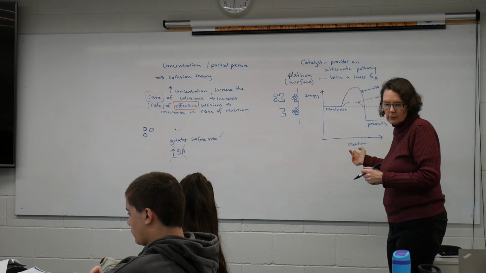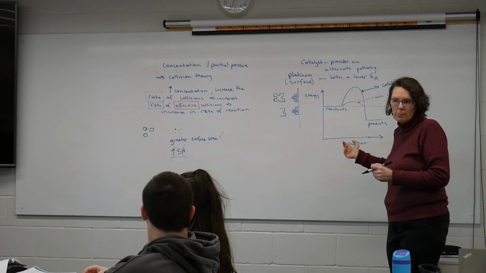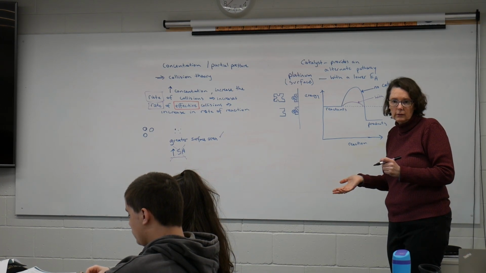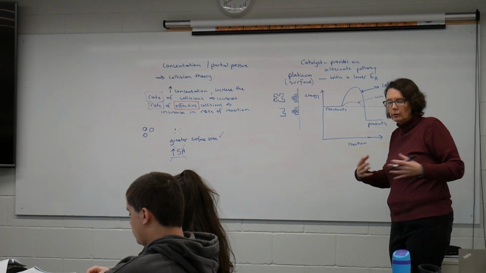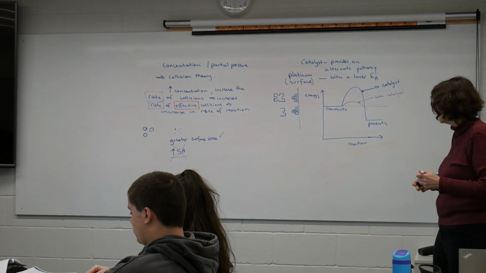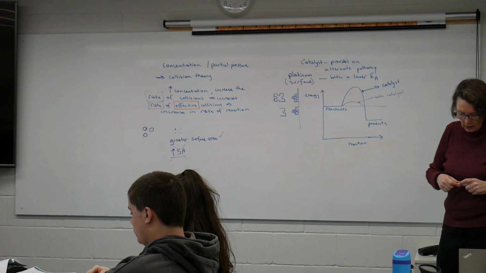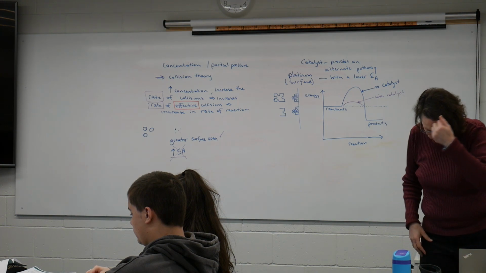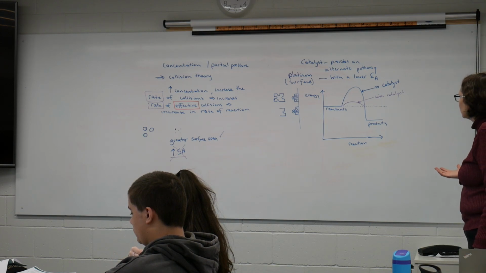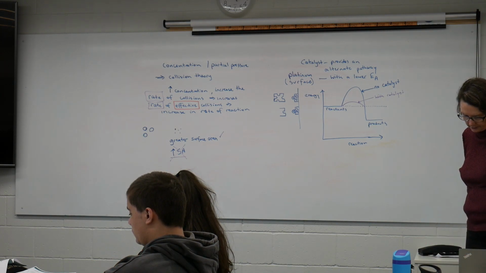Well, if we lower the activation energy, what we're doing is we're making a greater percentage of collisions effective. So they don't need as much energy to be successful in reacting. Does that make sense? Okay. So that's what we need to say, is that they provide an alternate pathway with a lower activation energy.